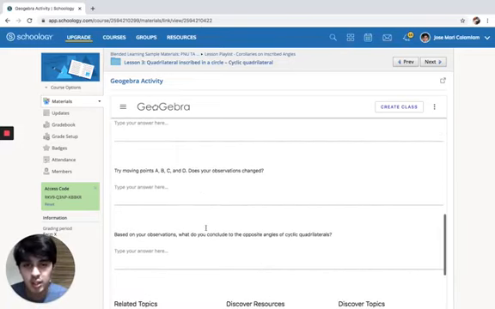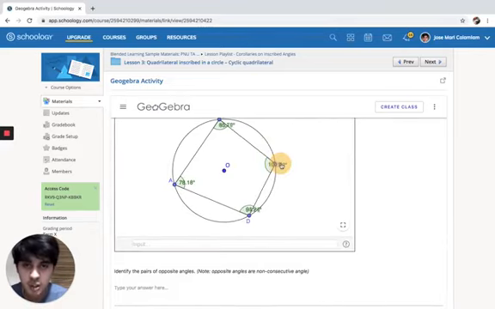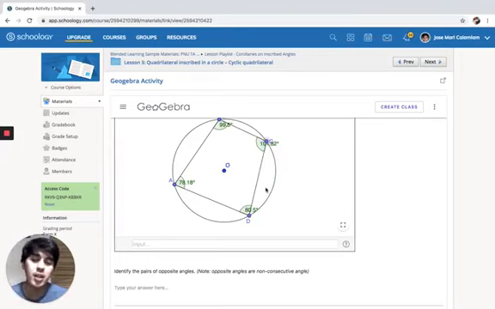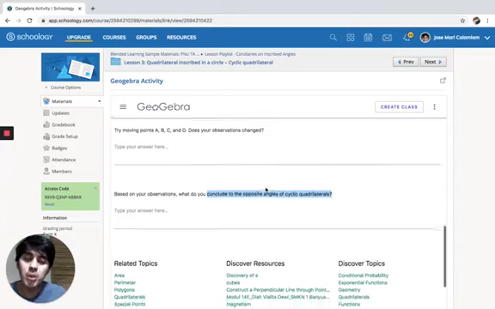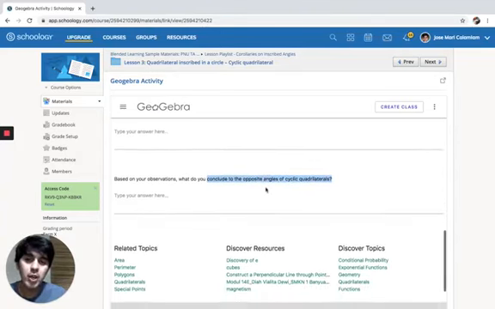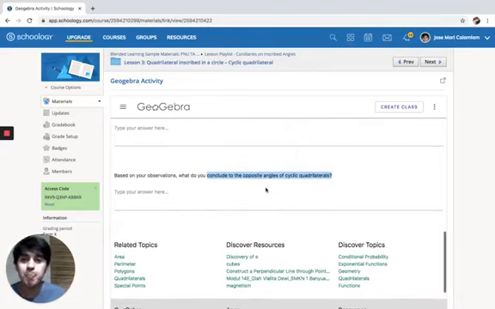So in that case, they will have a conclusion on opposite angles of a quadrilateral. They will identify that opposite angles of a cyclic quadrilateral add up to 180 degrees, or we can say that the opposite angles are supplementary.